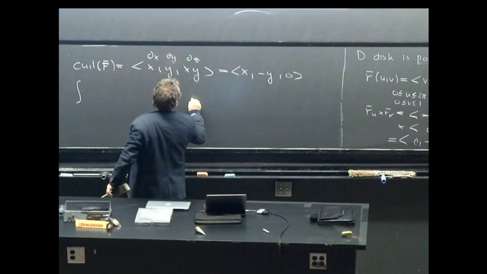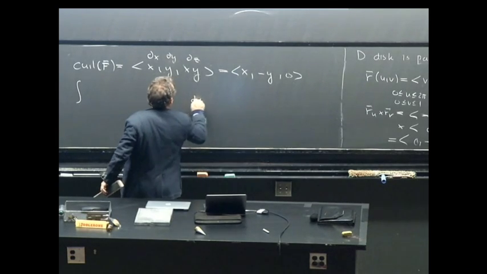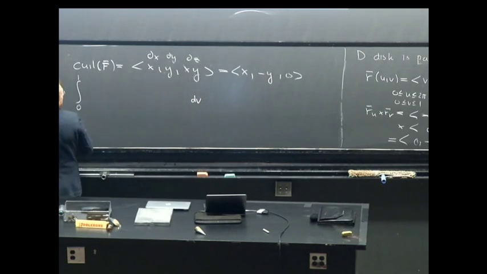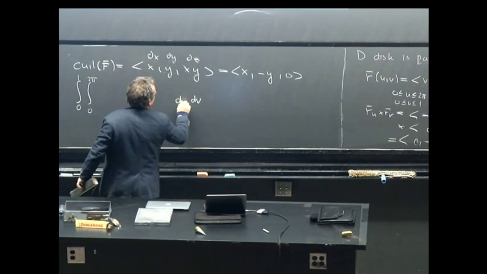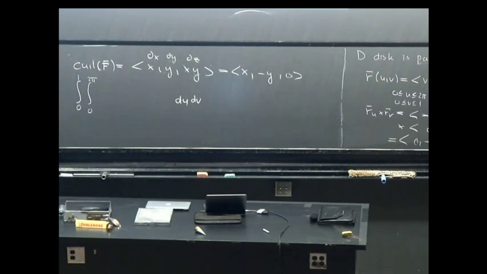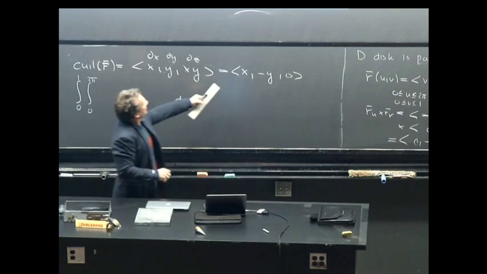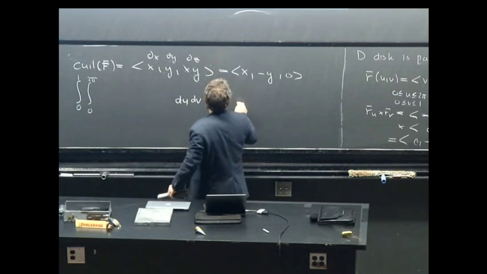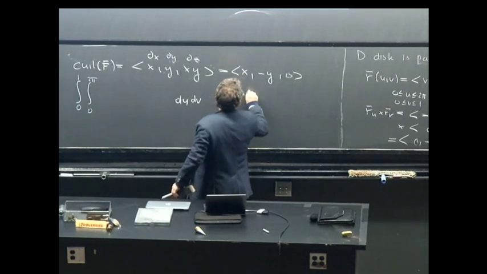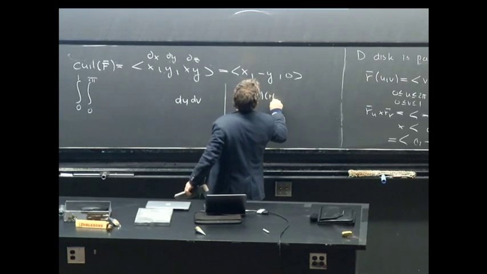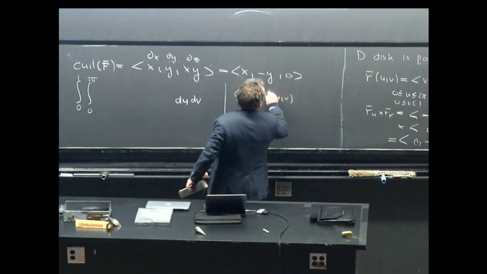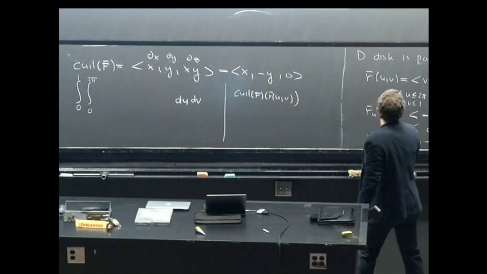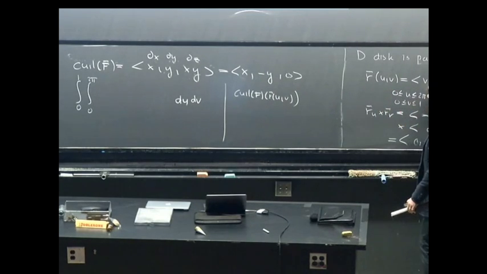So in the flux, v goes from 0 to 1, and u goes from 0 to 2 pi. And we take the curl of F of r of u and v. What is that? r of u, v is here, that's x, that's y, that's z.